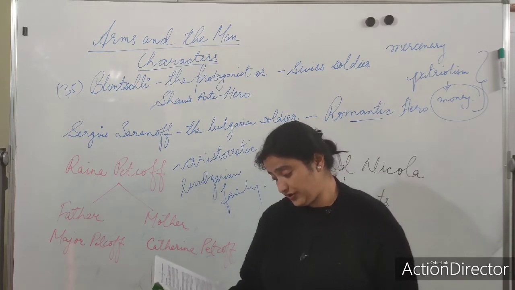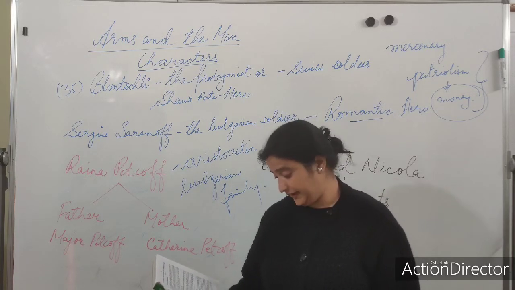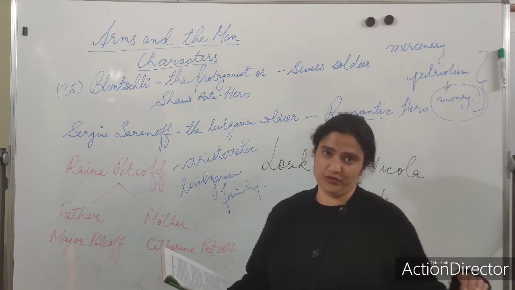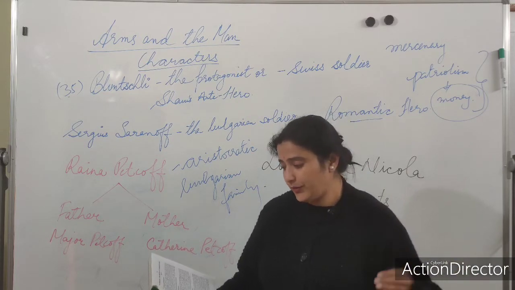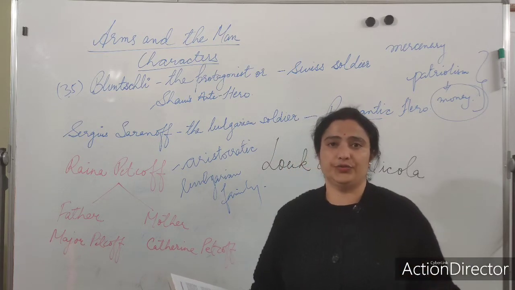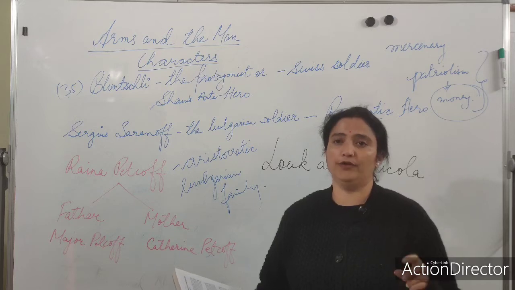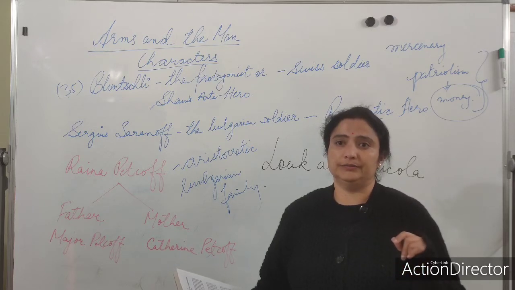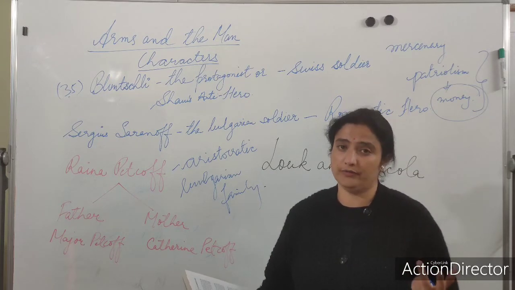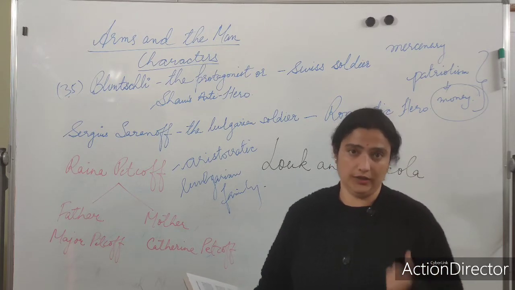His position in the army is because of his social standing. Otherwise, he has no military ambitions. Okay, so with each and every character, what Shaw is doing is bringing forth the romantic notions of war as well as of love.